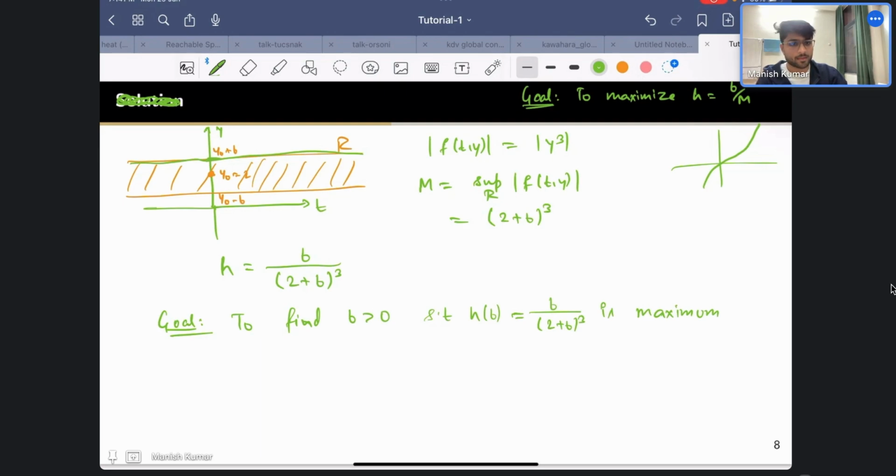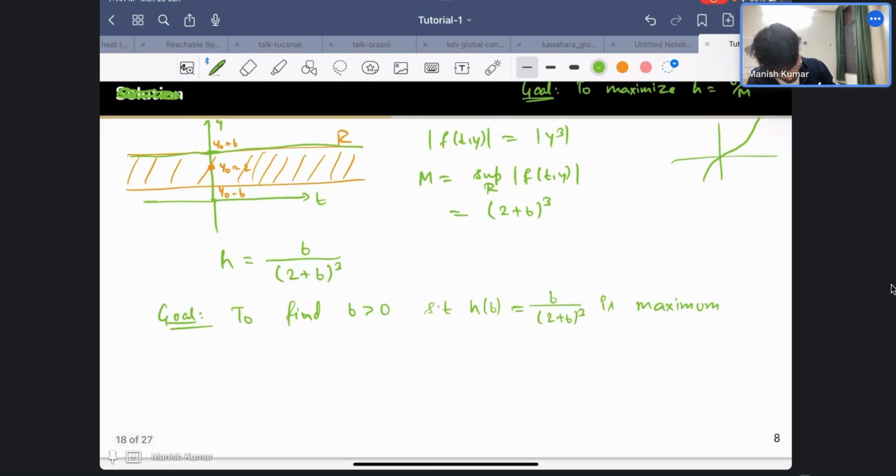Okay, so now let us try to see this. Consider the function g. Define this function g as x by (2 plus x) whole cube. Okay, and now you differentiate it.